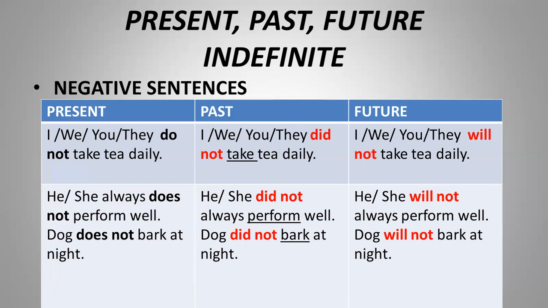For the persons other than third person singular, he or she or it, like we have I, we, you, they, we will use do and then not to make negative sentence. Like we have the first example, I do not take tea daily, you do not take tea daily. And then when it comes to third person singular, he, she, or it, we always use does.